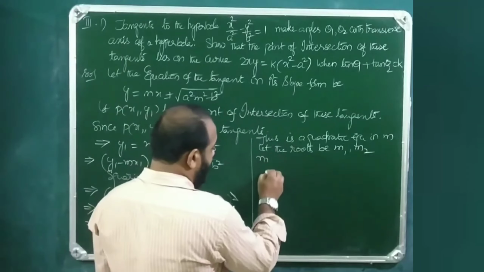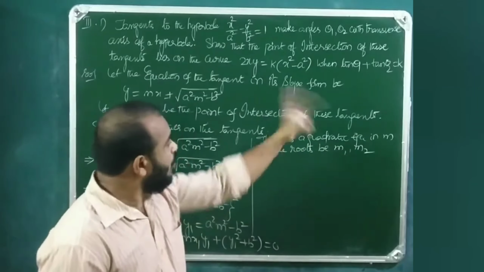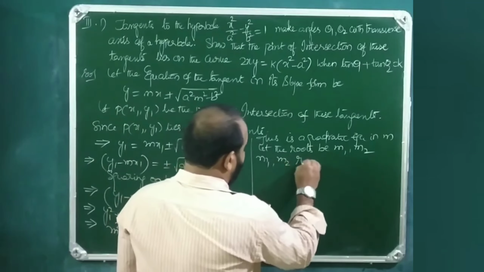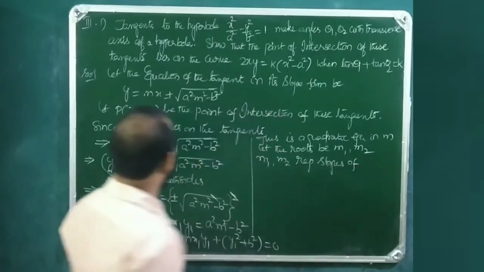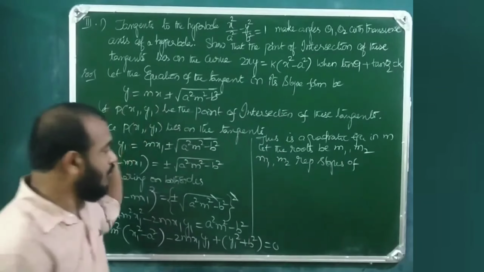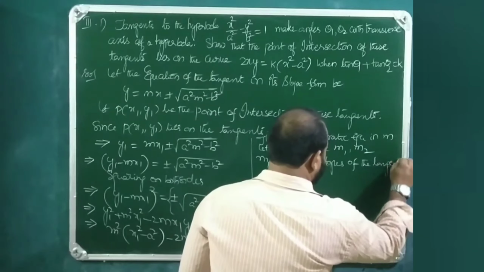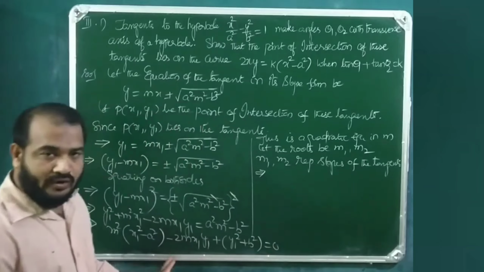Here m1, m2 represent the slopes of the tangents which we have taken before. So, sum of the roots and product of the roots.